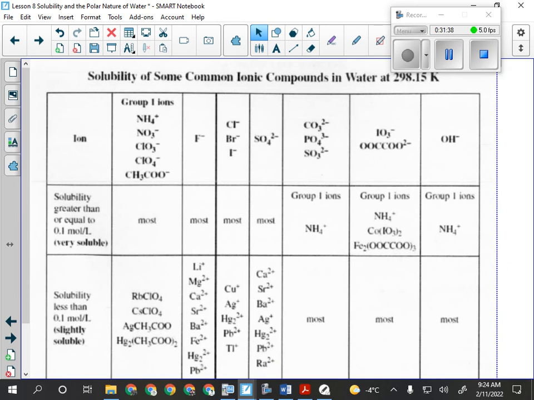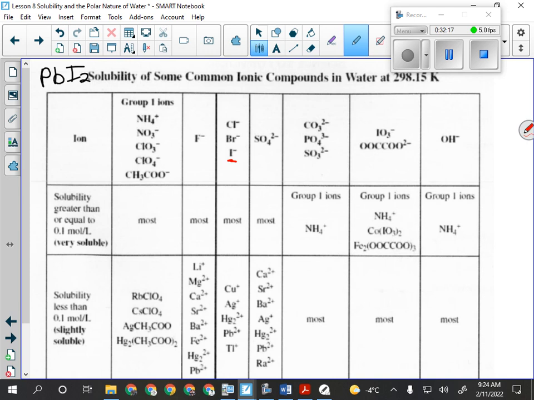Okay, so here's how this chart will work. Let's say I'm asked to find out whether this compound, lead(II) iodide, is soluble in water or not. I find iodine on the top row, the non-metal or negatively charged part of the ionic compound. Then I go down that column.